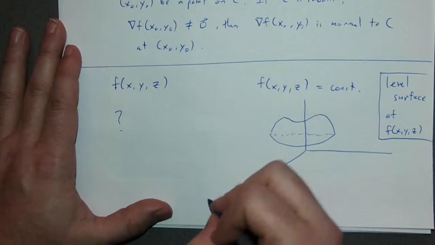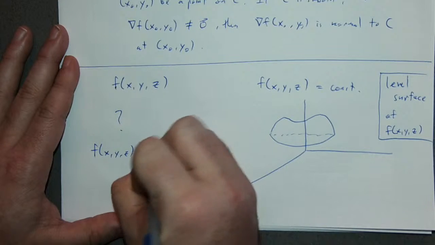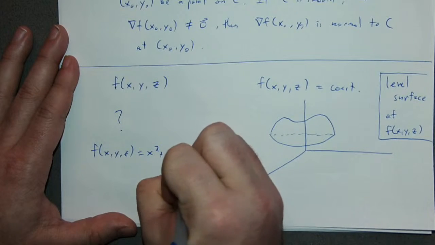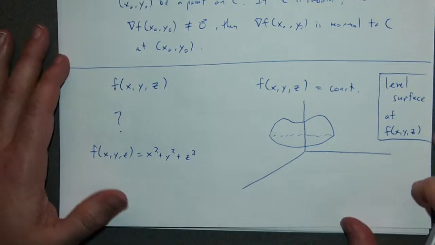Quick example. If I pick f of x, y, z to be x squared plus y squared plus z squared, well, what's the graph of that? I don't know. It's hard to draw. I can't draw it on two-dimensional paper meant to be representing a three-dimensional object of a four-dimensional graph. That's not going to fly.